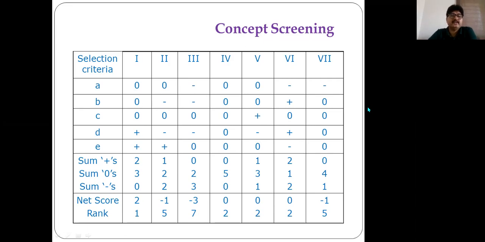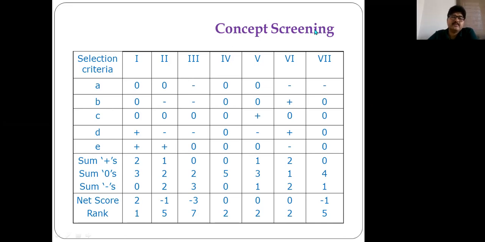In this concept screening, A, B, C, D, E are the 5 selection criteria considered to compare across the 6 concepts against the concept taken as the base.